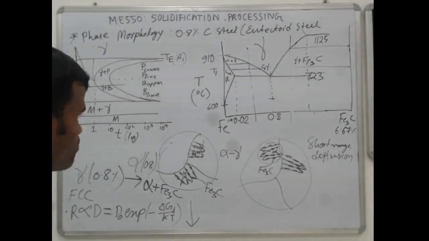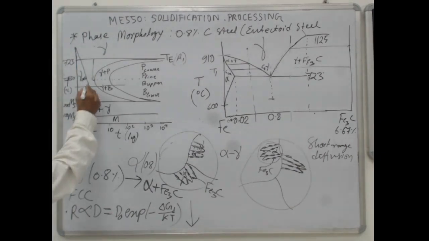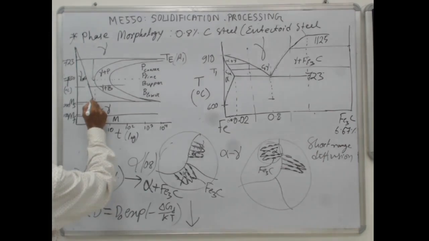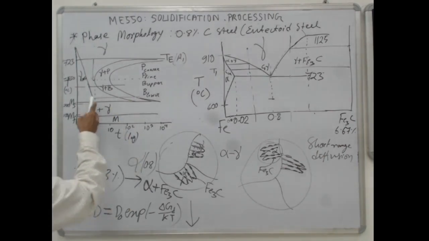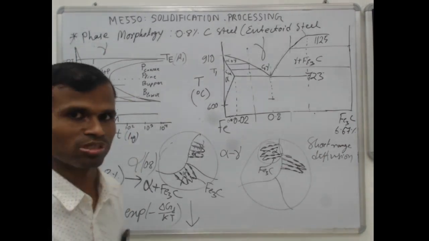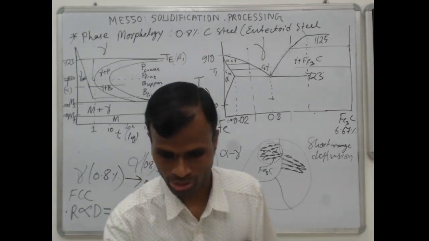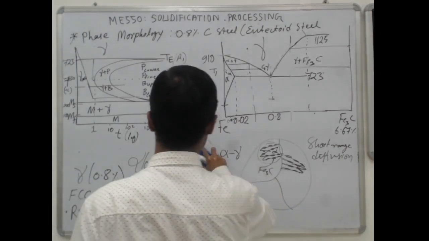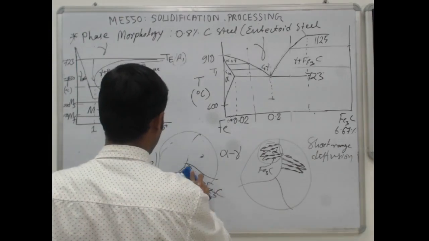Now what happens if your undercooling is high? If you are here, diffusion becomes even more difficult. So what will happen in that case, the lower bainite?